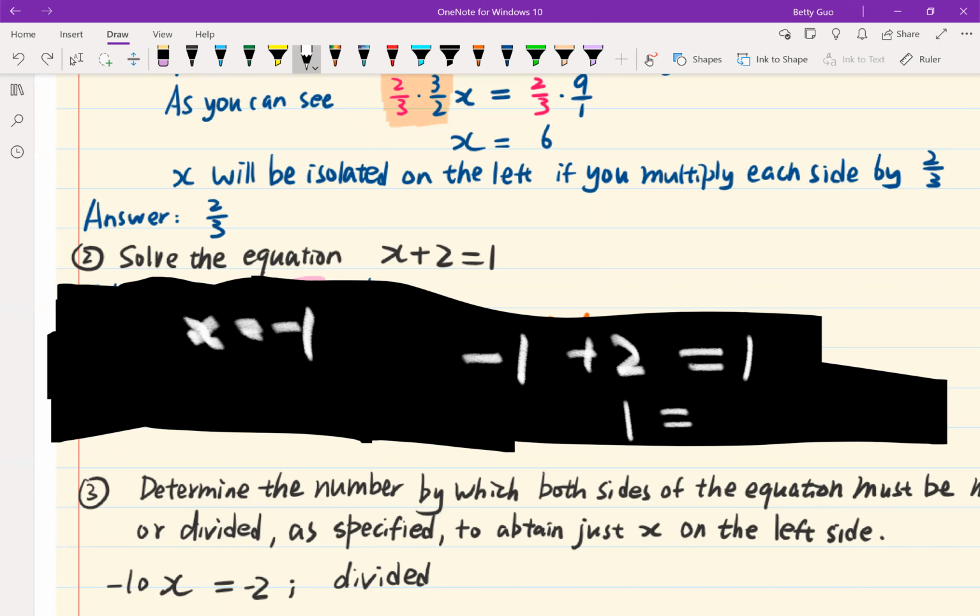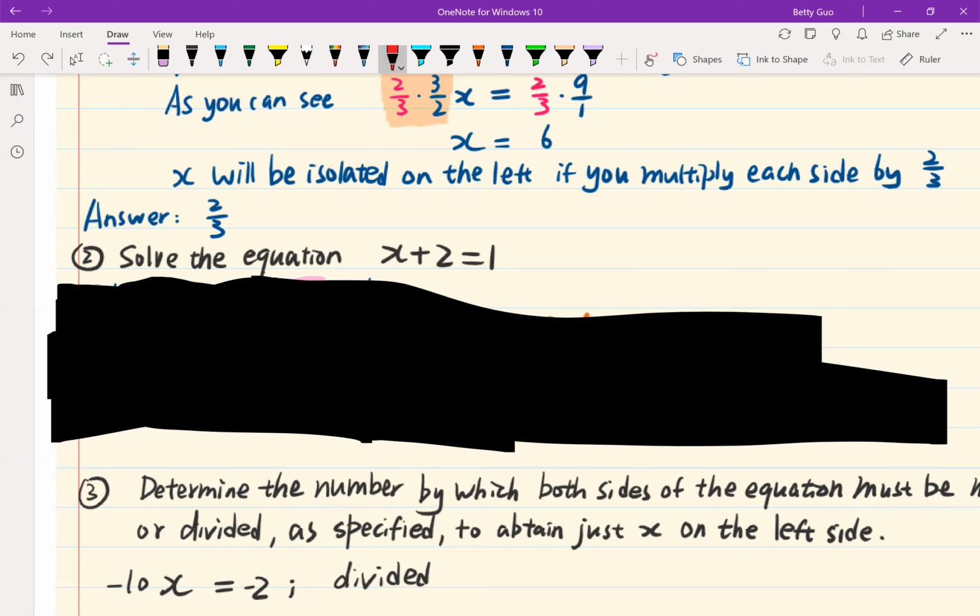Now let me show you how we actually solve the equation. It is an easy equation to solve. When we solve the equation, we try to isolate x on the left, right?